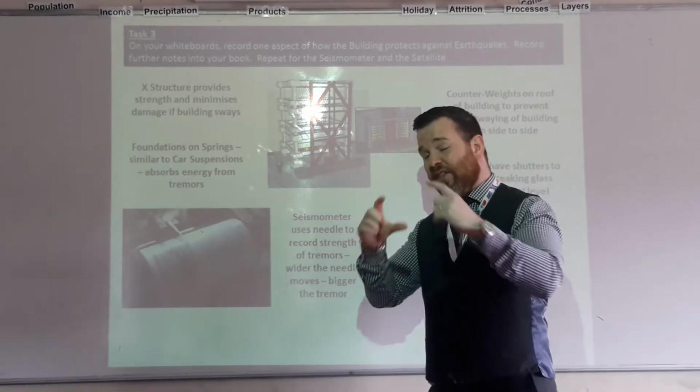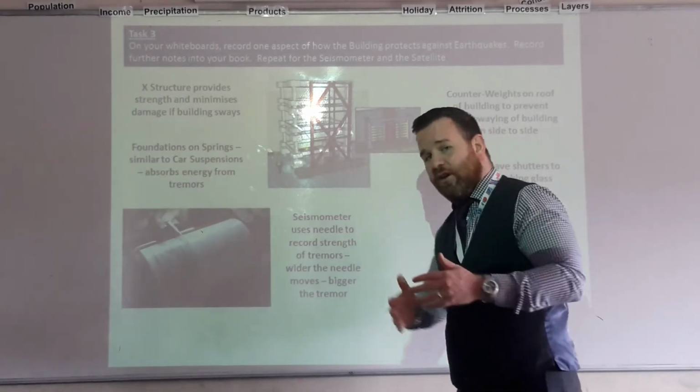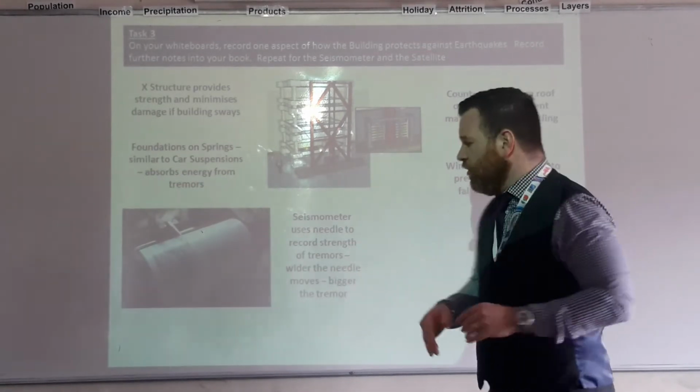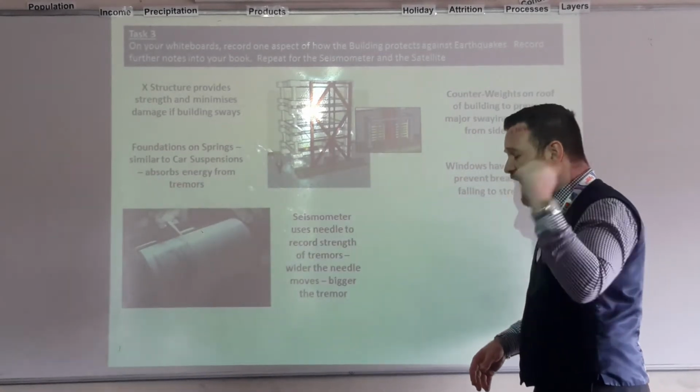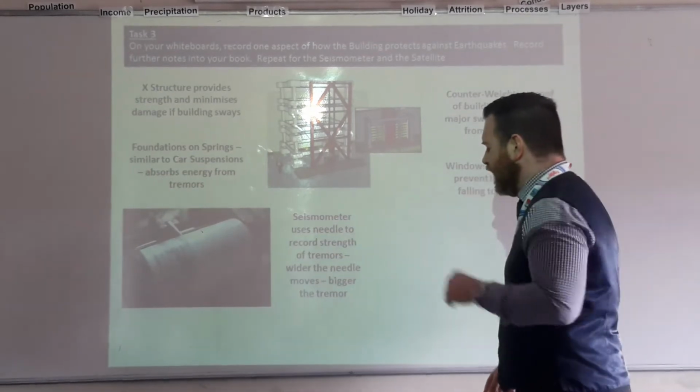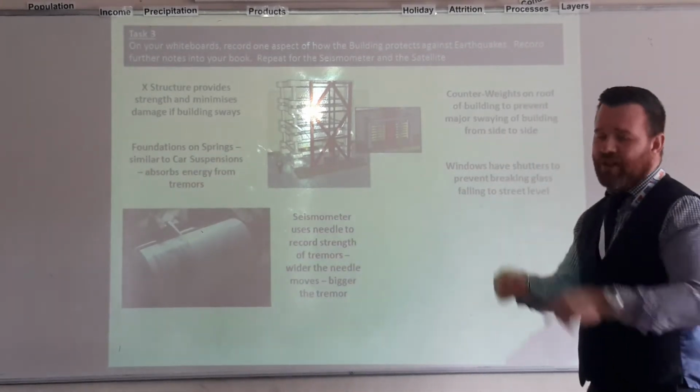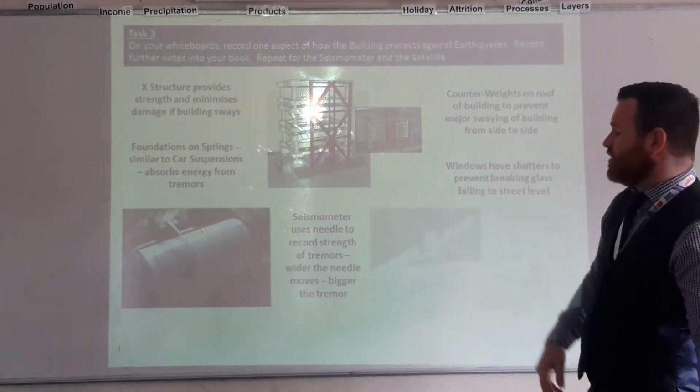And the closer together the lines become, the more likelihood there is of an earthquake occurring. But, as I said, it's still not 100% predictable. Or 100% accurate, I should say. So, as we say, the wider the needle moves, the bigger the tremor, the closer the lines are together, the more frequent the tremors are becoming.